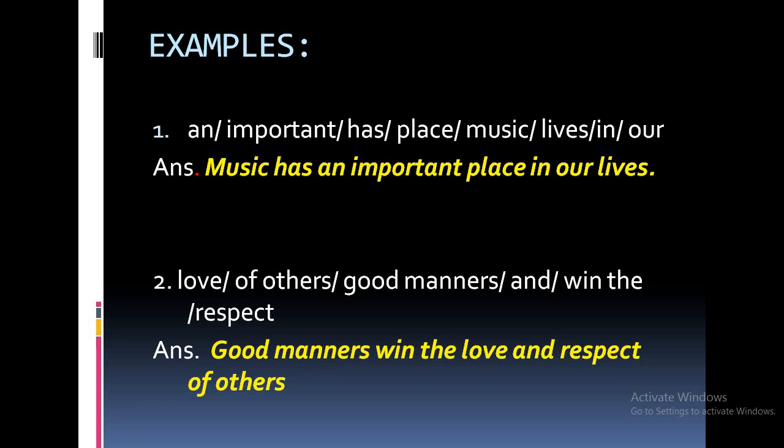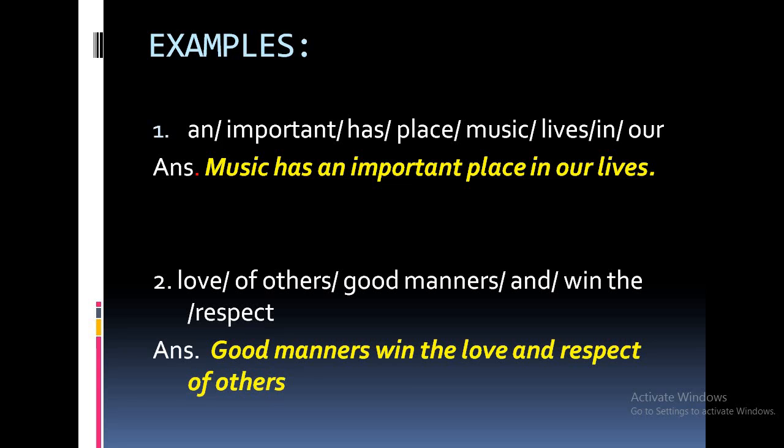Okay. Now number 2: love of others, good manners, and win the respect. Now here I find so many words that can be subject. Like love can be a subject, good manners can be the subject, respect can be the subject. But here I find love and respect.